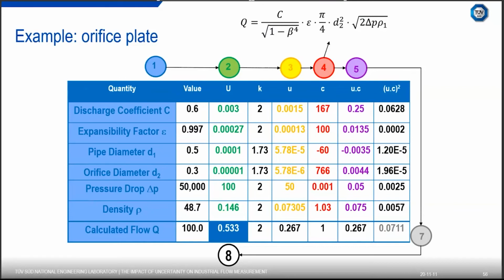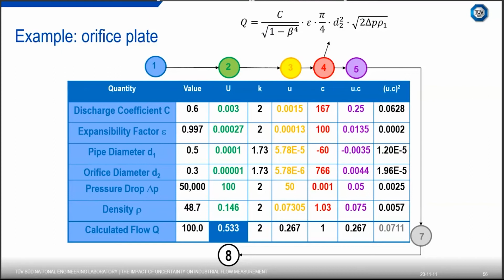The 1.73 values, so this is root 3, assuming a rectangular distribution. Possibly these pipes have been purchased from manufacturers and have quoted tolerance levels for the orifice plate and also the pipe diameter. So in that case, we would assume a rectangular distribution and calculate our standard uncertainty through that method.